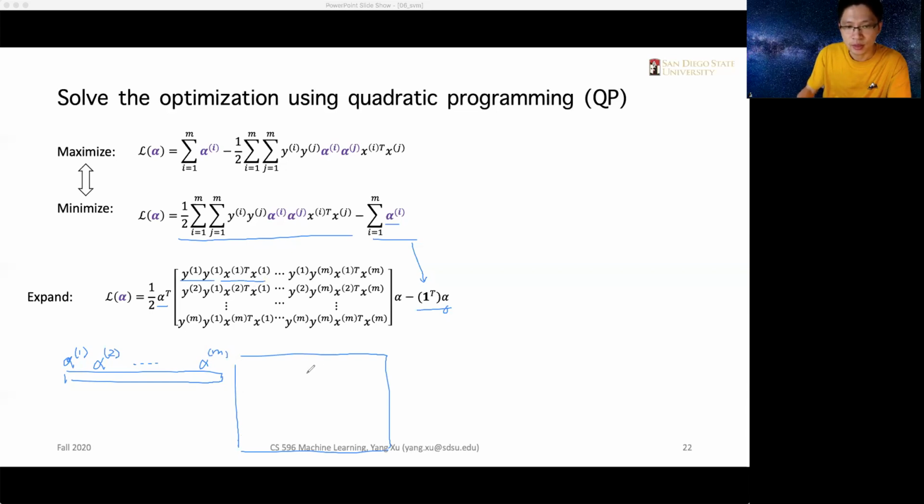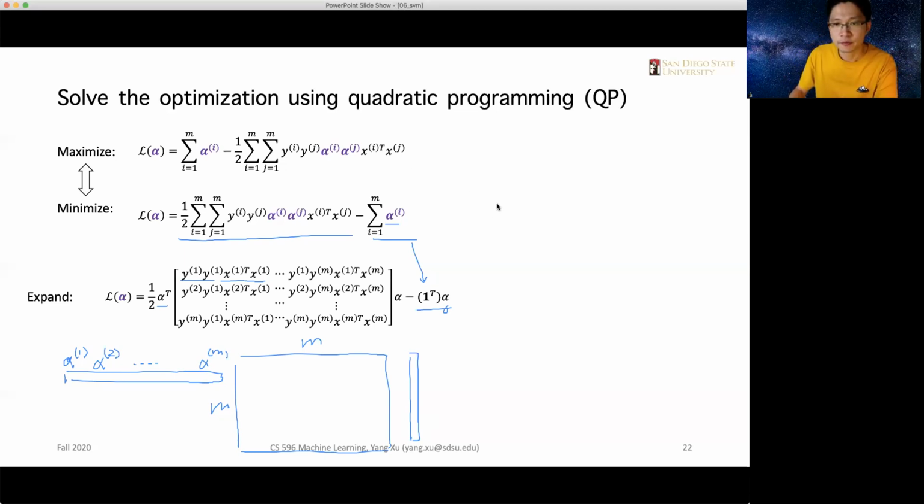So this matrix in the middle must have m rows and m columns, and the alpha here is a column vector, which also has m components. So that's how we express the Lagrangian in matrix form.